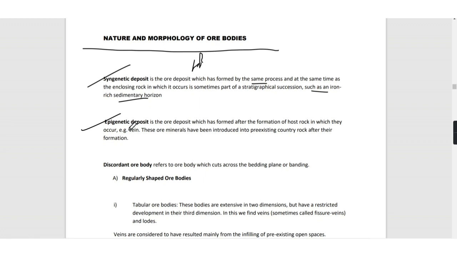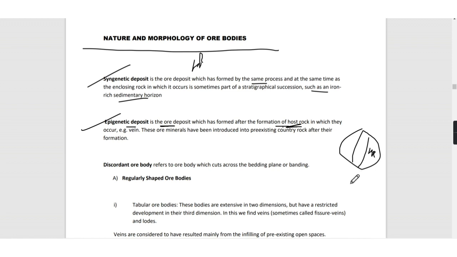But in an epigenetic deposit, what happens? The ore deposit forms after the formation of the host rock. It means the host rock forms first and after that the ore deposit forms. Like if there is a rock and it has an opening in it, this is the host rock which is already present, right?